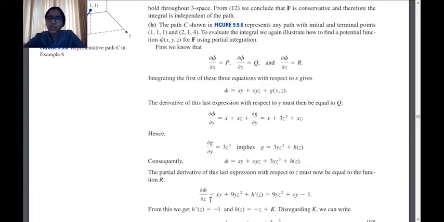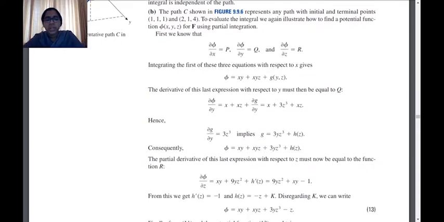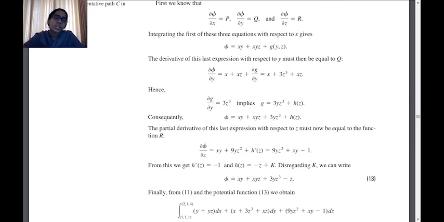Now we know dou phi by dou z is r, and what was r? R was given as 9yz square plus xy minus 1. So comparing these two expressions, we get h dash of z is equal to minus 1. So from this we can find the value of h of z. What will be h of z? We can obtain it by just integrating it.